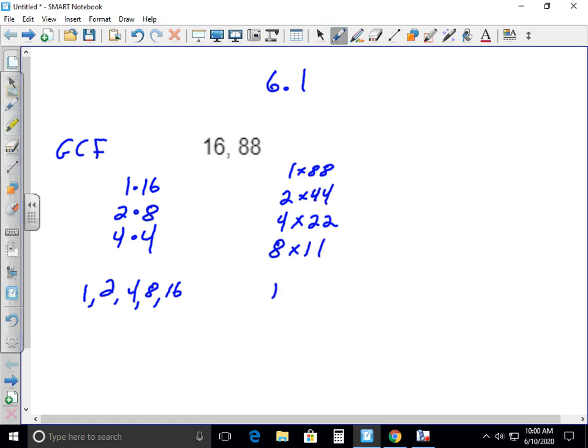So the factors are 1, 2, 4, 8, 11, 22, 44, and 88.